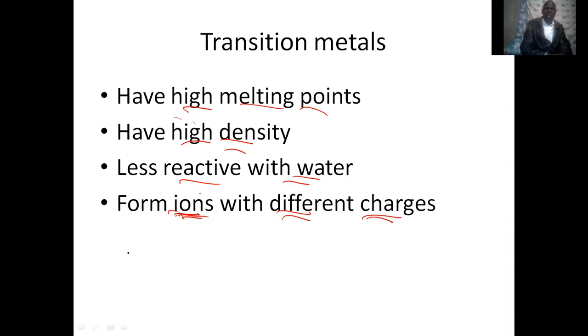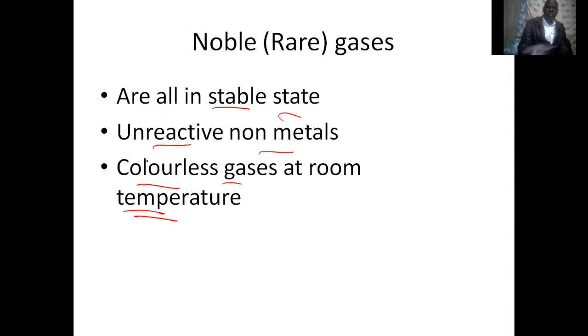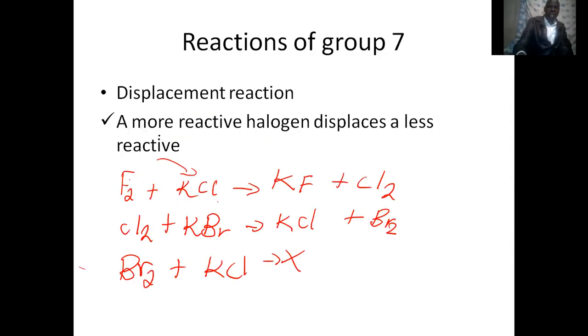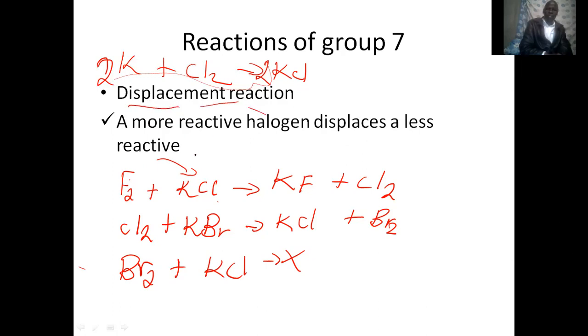For example, potassium can react with the halogen chlorine to form potassium chloride, and you can balance it by putting a 2. Mainly, the most important reaction is the displacement reaction, where a more reactive halogen displaces the other one. Thank you.